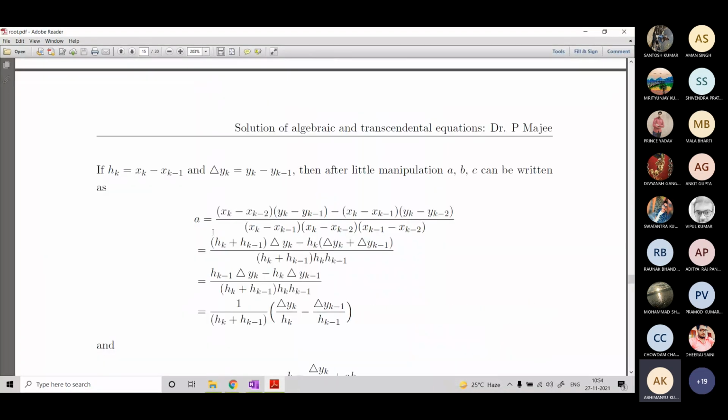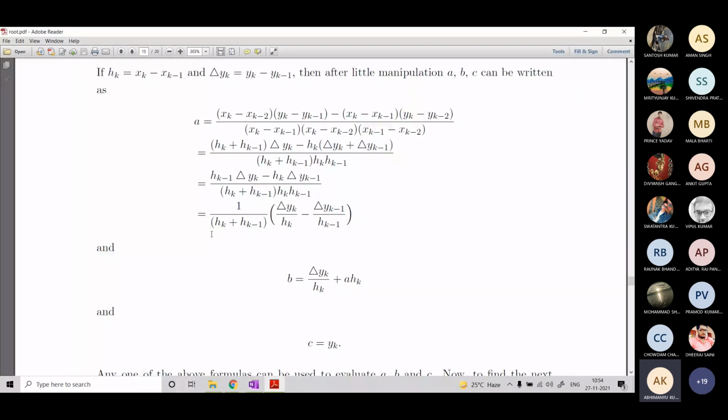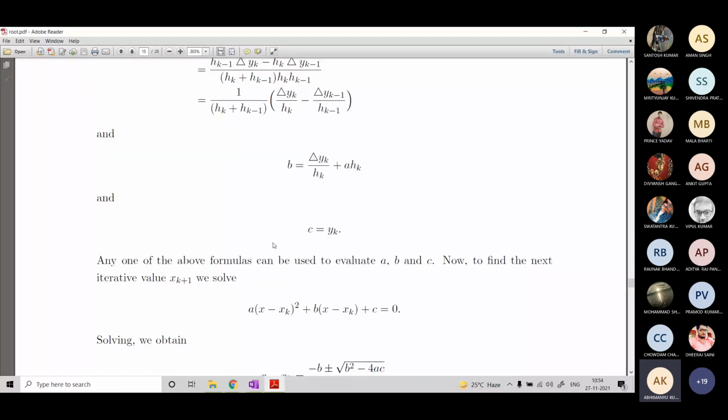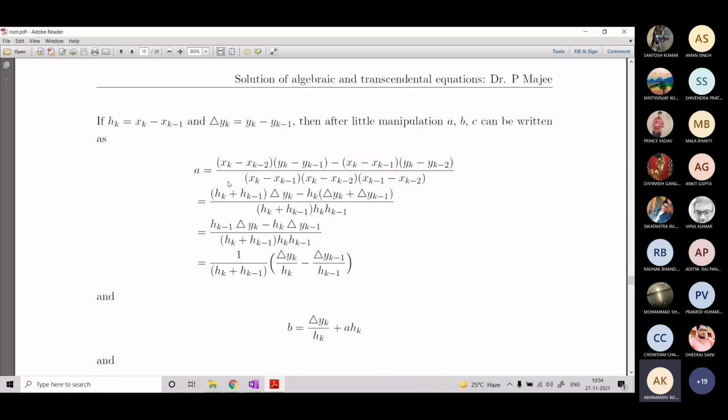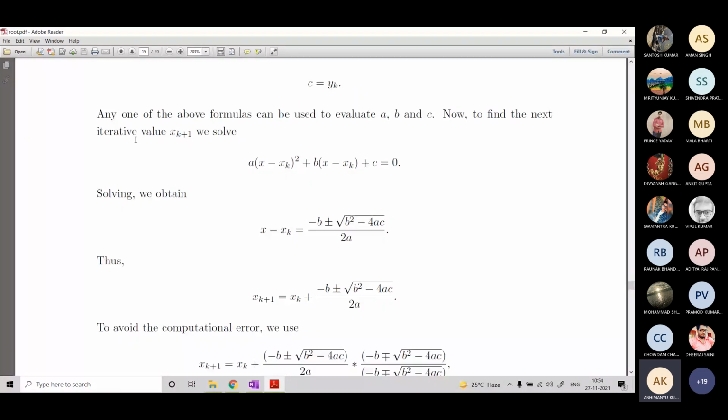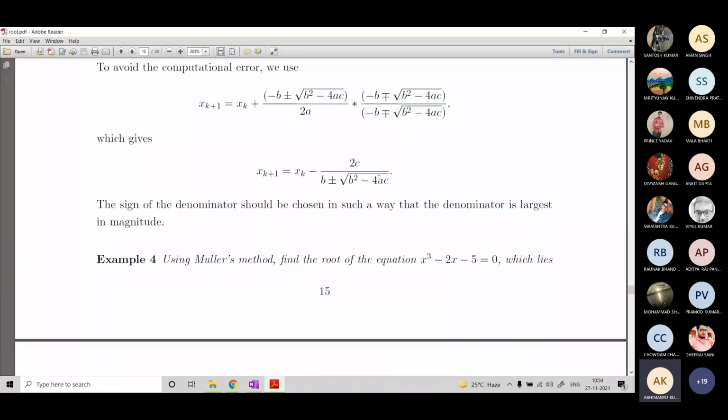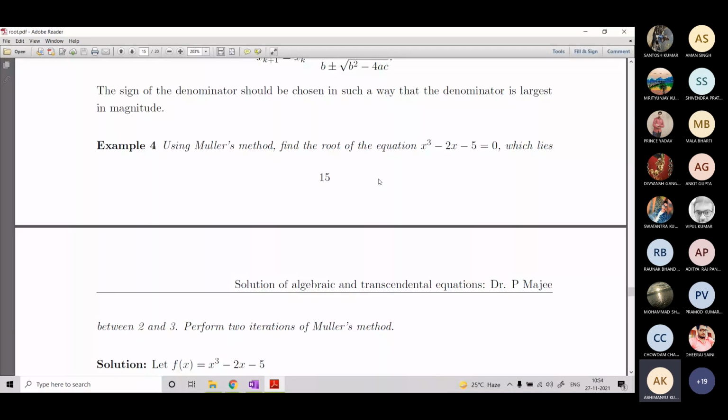Or you can remember the simple formula for a, b, and c, but you have to know the substitution. Then we solve the parabola to get the next approximate root.